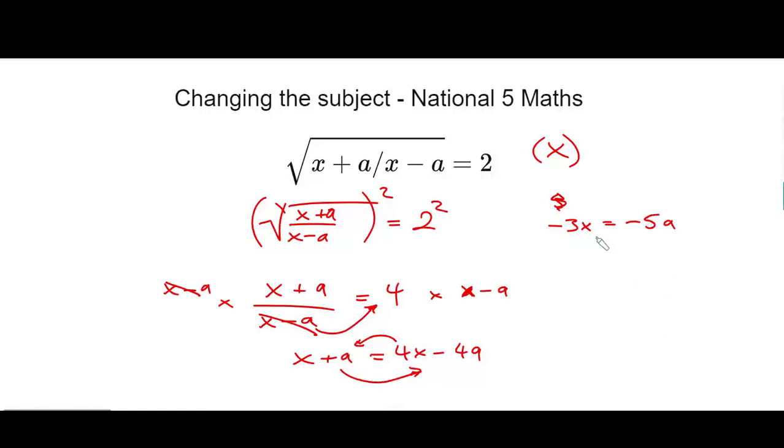Okay, so we can make them positive. We can just say 3x is the same as positive 5a. So we divide by 3 to get x, we divide by 3 on this side. So x is equal to 5a divided by 3.